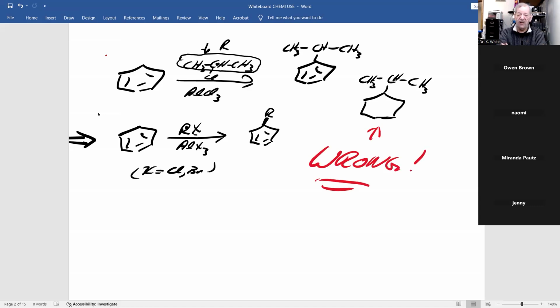Because that's the cyclohexane ring. Don't forget to put the bonds in to make it a benzene ring. If you didn't put those red double bonds in there, that's cyclohexane, and I give you 0 points. Don't come asking, can I get partial credit? No, it has to be a benzene ring. So that's important.